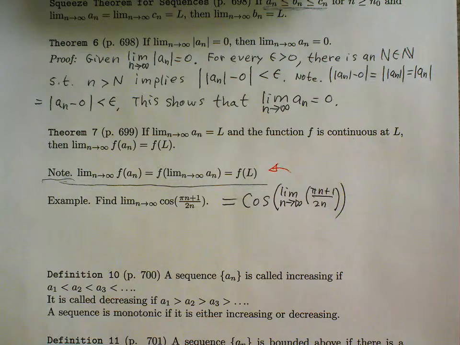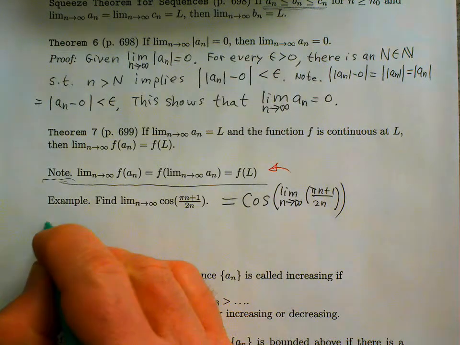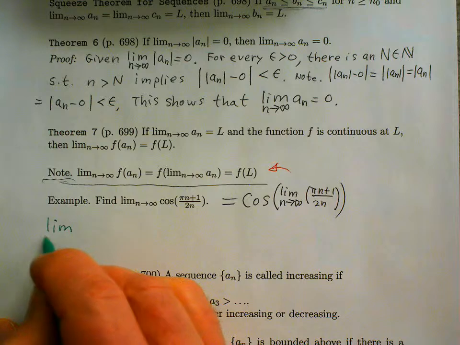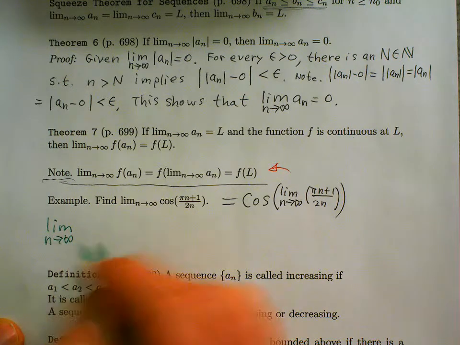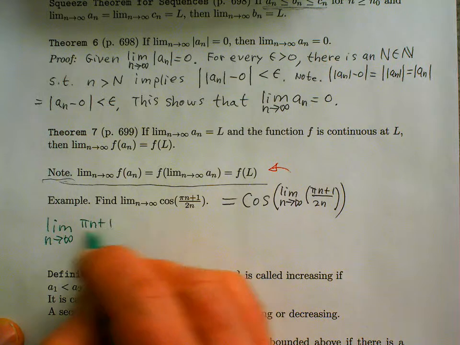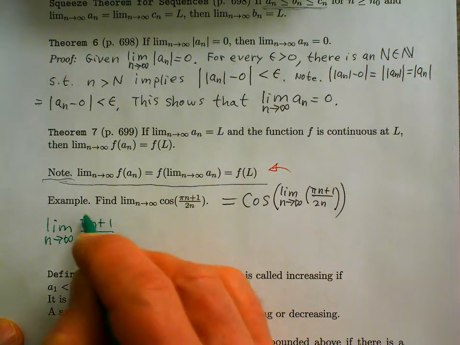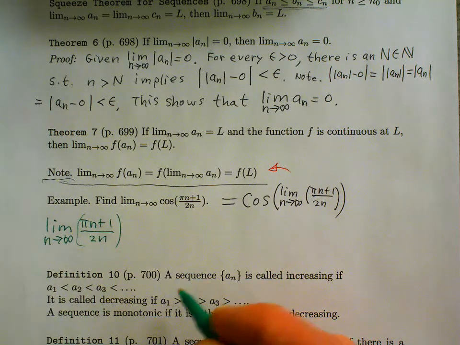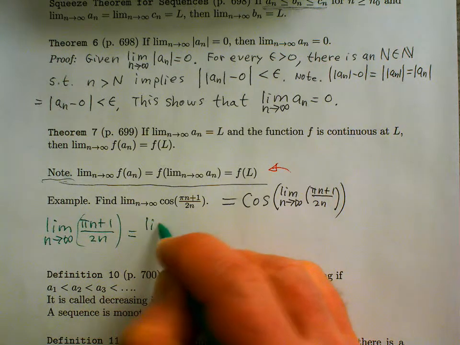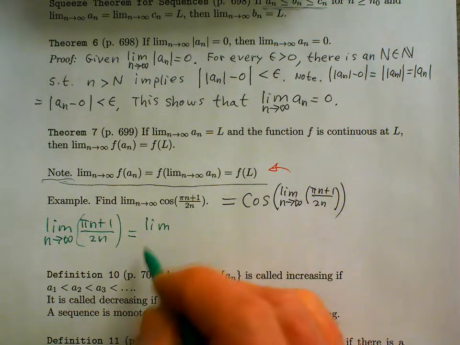So we can do that on the side over here. The limit as n approaches infinity of pi n plus 1 over 2n. I suppose what I would do is I would simplify this rational expression.